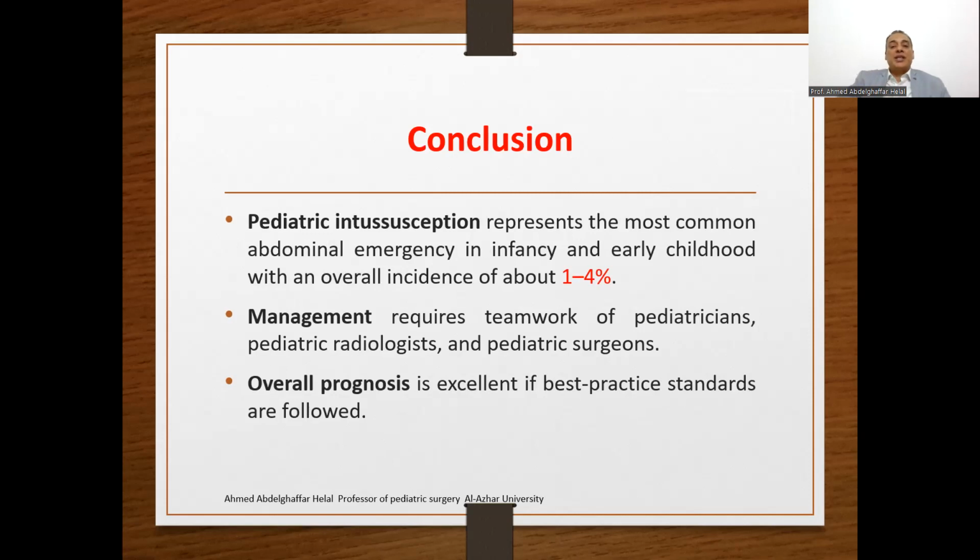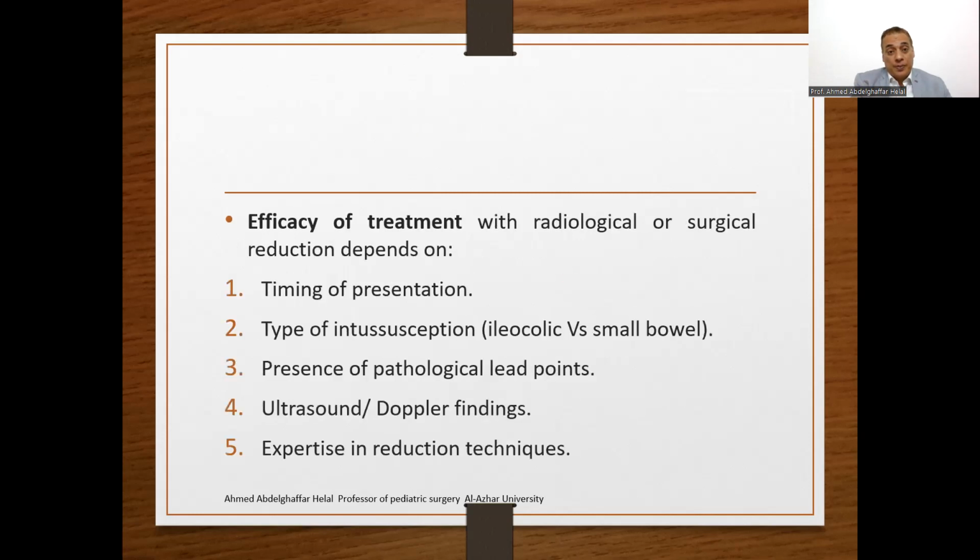Overall prognosis is excellent if the best practice standards are followed with early diagnosis. Efficacy of the treatment, whether radiological or surgical reduction, depends on the timing of the presentation, type of intussusception, ileocolic versus small bowel, presence of a pathological lead point, ultrasound and Doppler findings, and presence of the expertise in the reduction techniques.